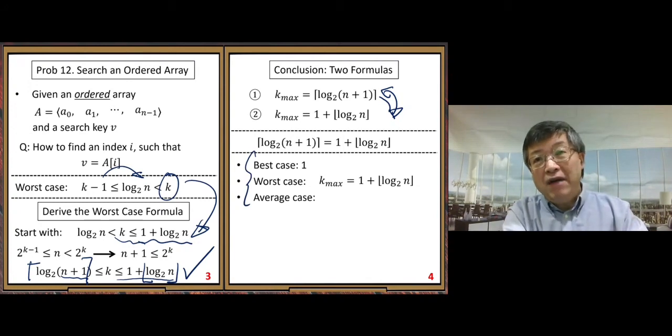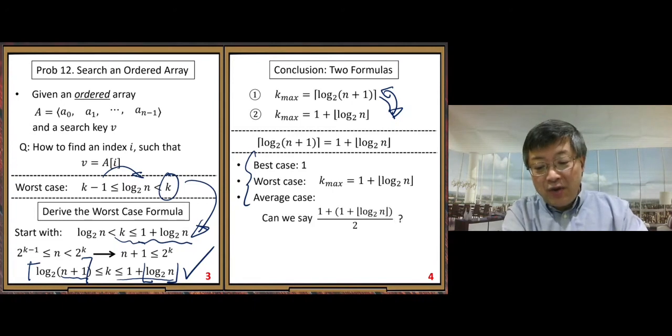Can you find the average case? Let me ask you another question: can we say the average case is this formula? It's not. It's completely wrong.